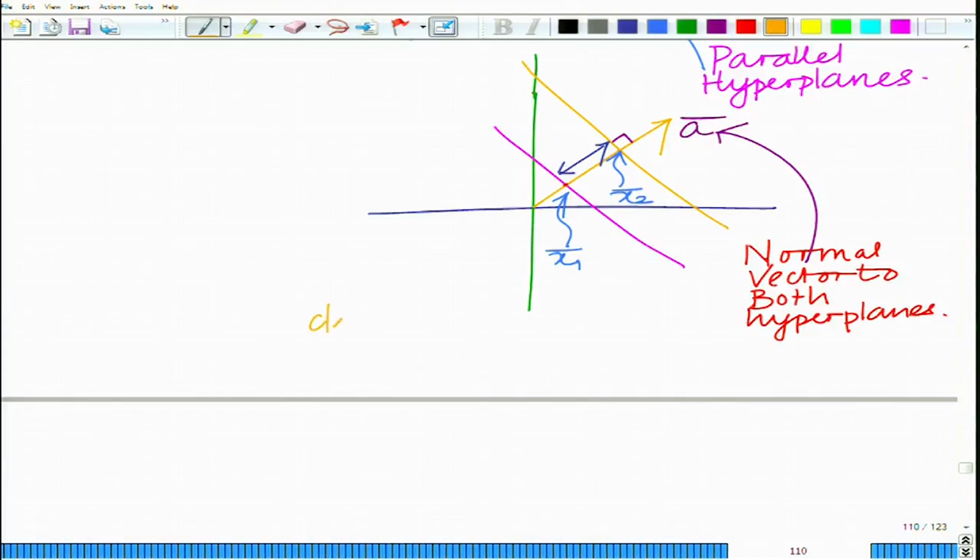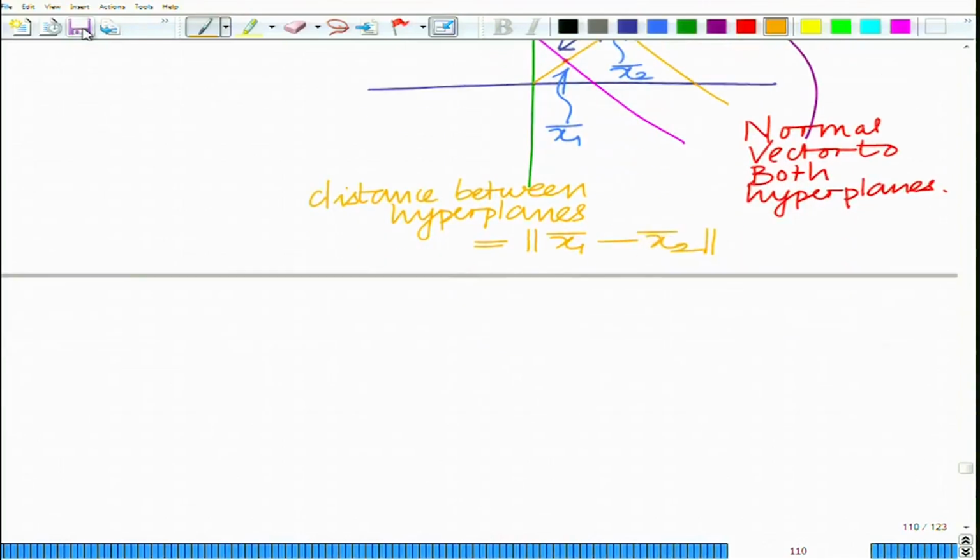So, the distance between the hyperplanes is the distance between these points of intersection. Now what are these points of intersection? Remember, the points of intersection are along the normal. Let us look at the first hyperplane, A bar transpose x bar equals B1.